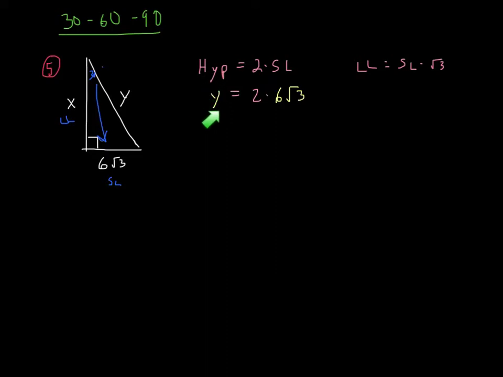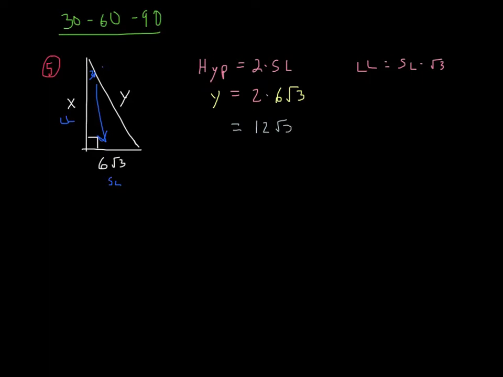I've got y by itself, so all I have to do is simplify what I have on the right-hand side. And we're going to think about radical expressions. When I have radical expressions, I need to multiply the insides of the radicals and multiply the outsides of the radicals. In this case, the 2 and the 6 are both outside the radical, so I multiply those: 12 times radical 3.